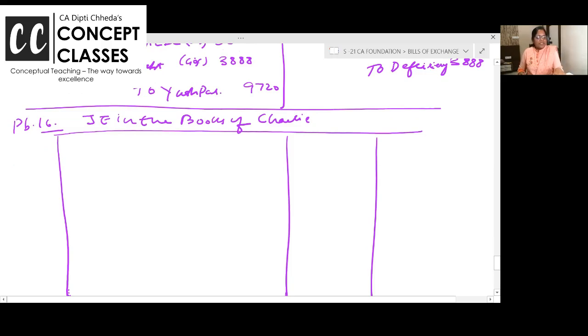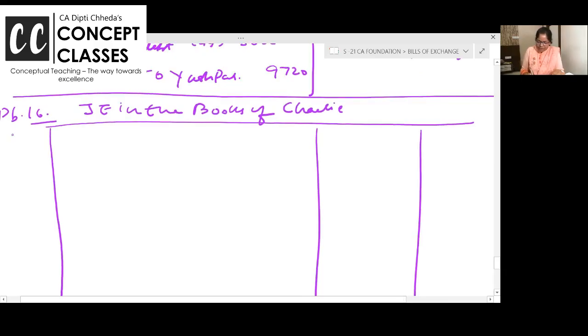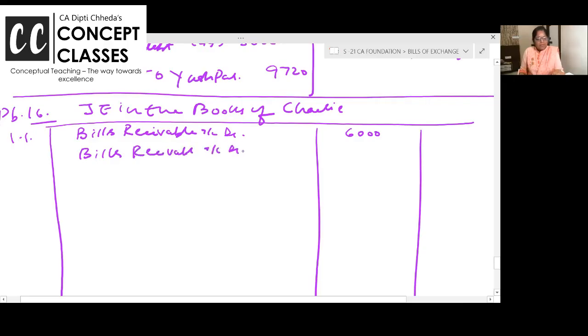Charlie draws bills of exchange 6,000 and 10,000 on 1st of January. Start for this. Bills receivable account debit. First one 6,000. Bills receivable account debit.